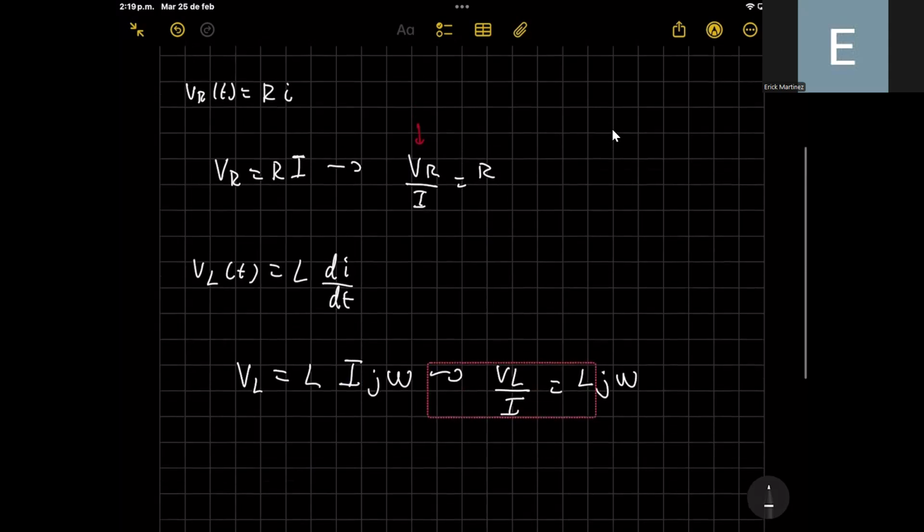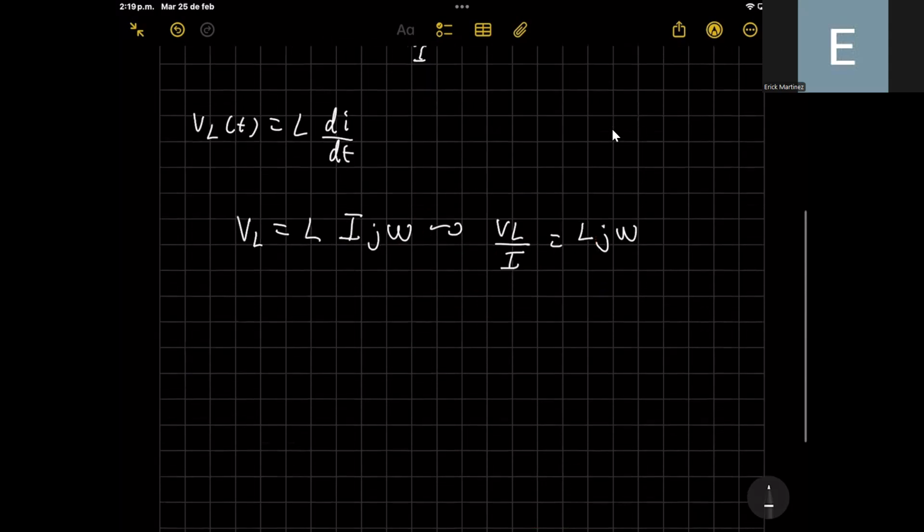I can do a similar thing for the voltage of the capacitor. The voltage of the capacitor that depends on time is equal to 1 over C times the integral of the current with respect to time.